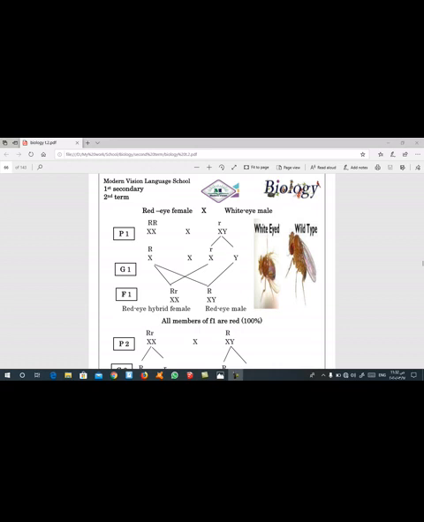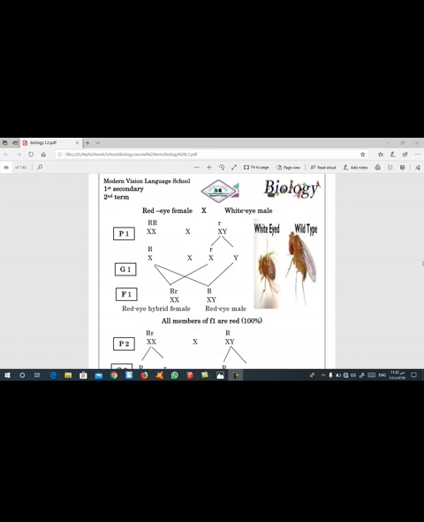The somatic trait is carried above the sex chromosome, so we write the capital letter for the dominant one above the X, because it is carried on the chromosome.